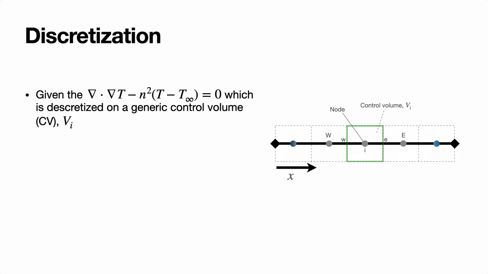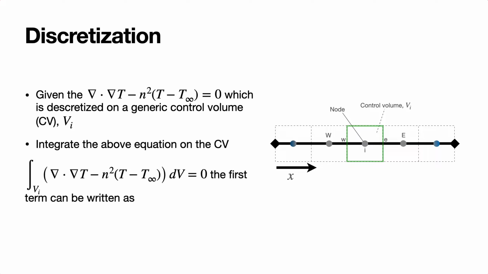Given the transport equation, which is discretized on a generic control volume Vi, we can integrate this transport equation over the control volume, and in this case the first term can be moved from the volume integral to the surface integral using the divergence theorem.